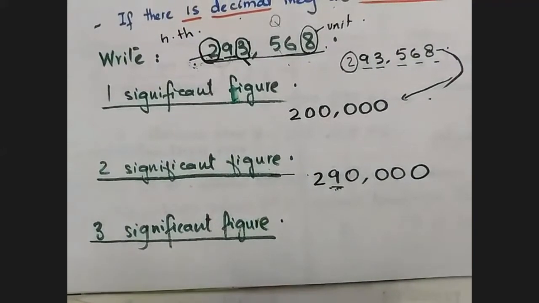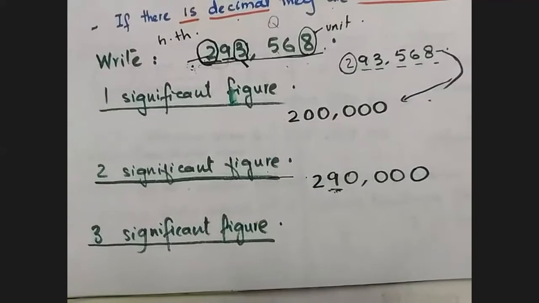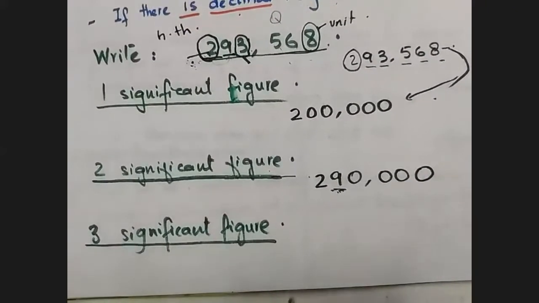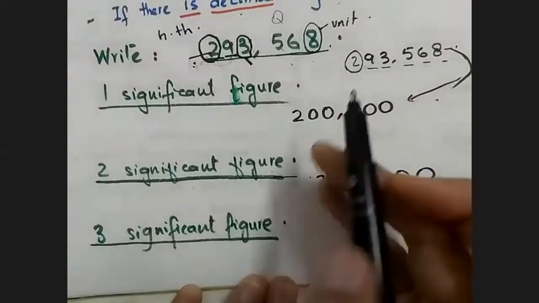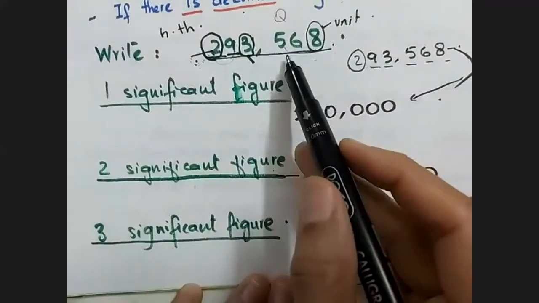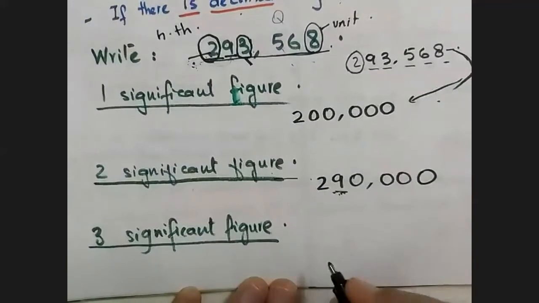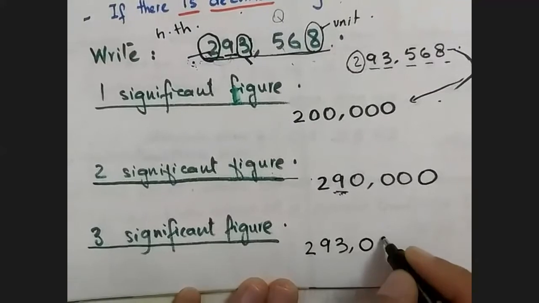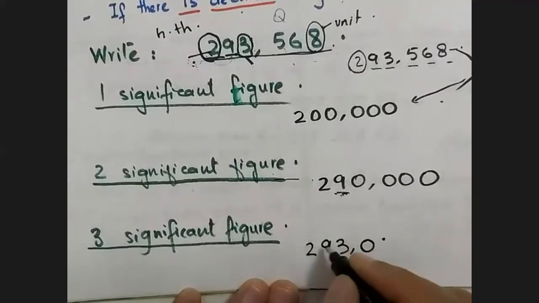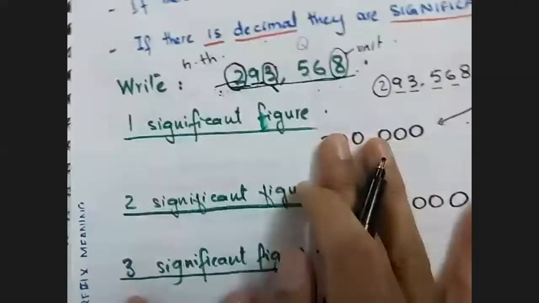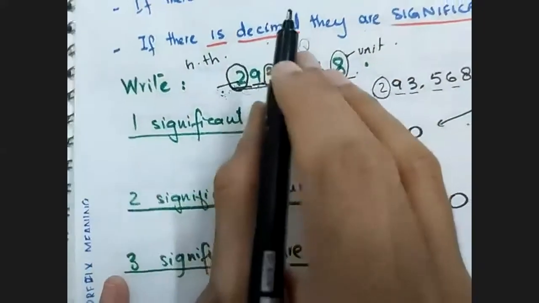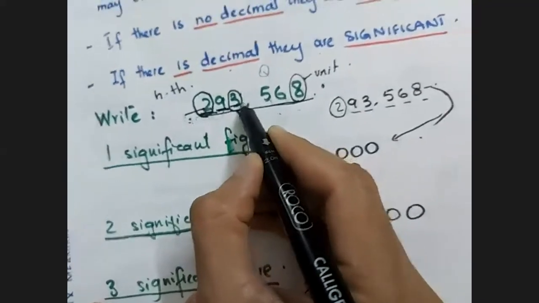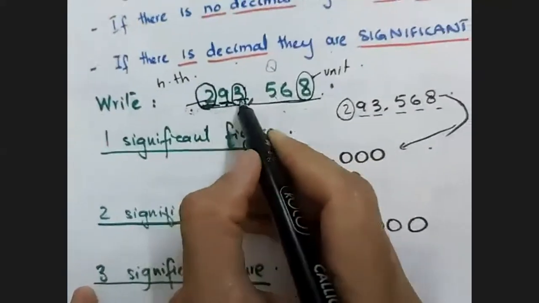Rahim. Yes, three significant figures. Can you round this off to three significant figures? The answer will be 293,000. Right, 293. No. See, now because you want three significant figures, you will take the first three significant figures because these are the three highest value digits.